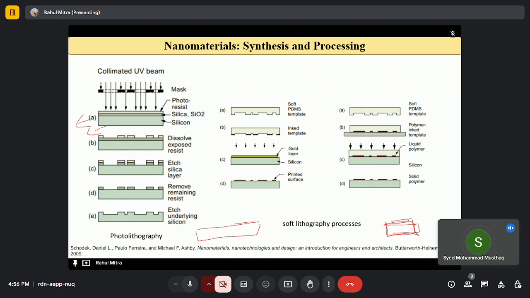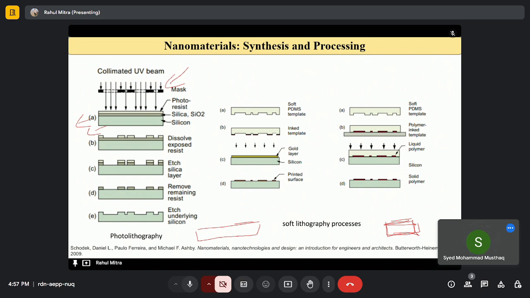Then we apply the photoresist. Depending upon the type of lithography, positive photoresist or negative photoresist, the process remains the same, but the thing that changes is the mask. The mask has a certain shape where it allows light, and at certain spots it acts as an opaque medium.